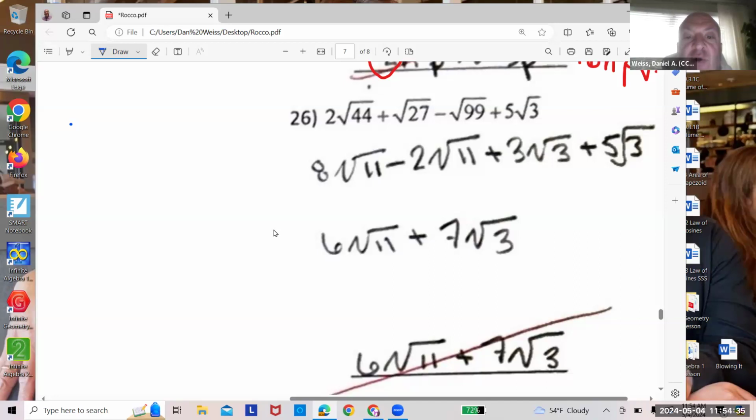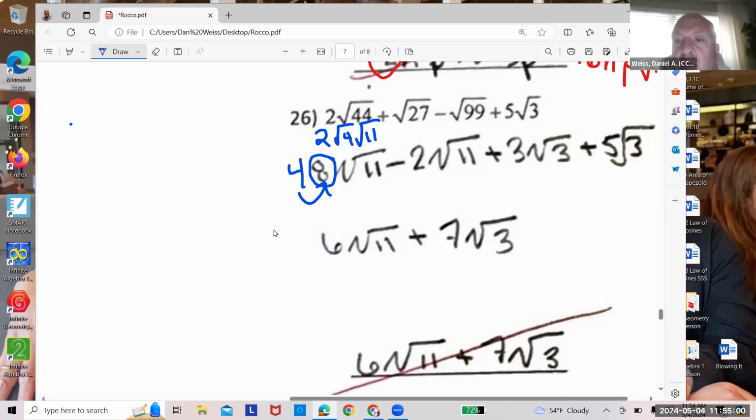So don't skip this step. This is where your problem came in. This is 2 square root of 4 square root of 11. So if you didn't skip this step, you went and said 4 times 2 is 8. Well, here, 2 times 2 is 4. It should have been 4 square root of 11.